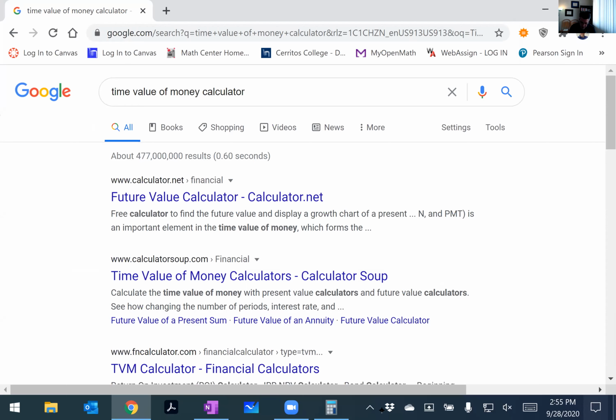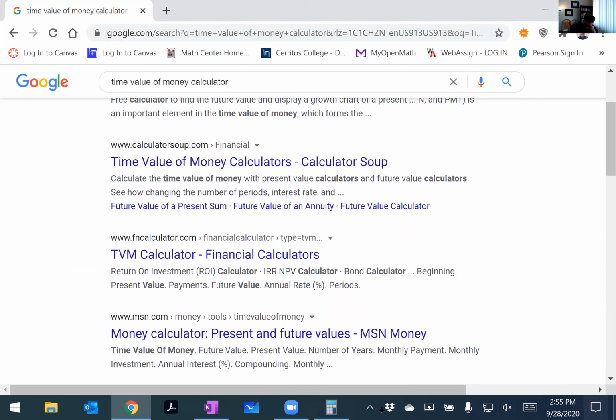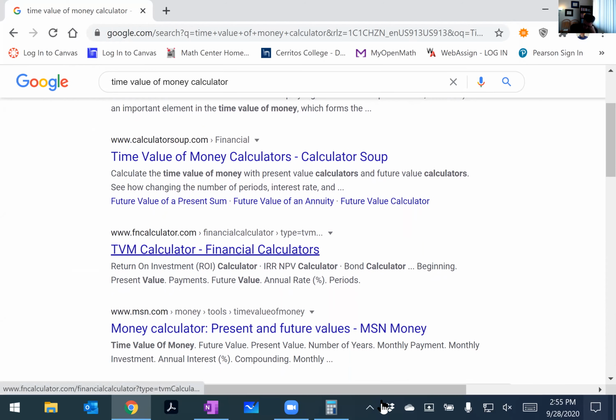The first one that comes up is a future value calculator, a free calculator to find the future value. You may not want that one. This TVM calculator, Financialcalculator.com, I like this one. That's a good one. Again, there's a bunch of them that will do the exact same thing.